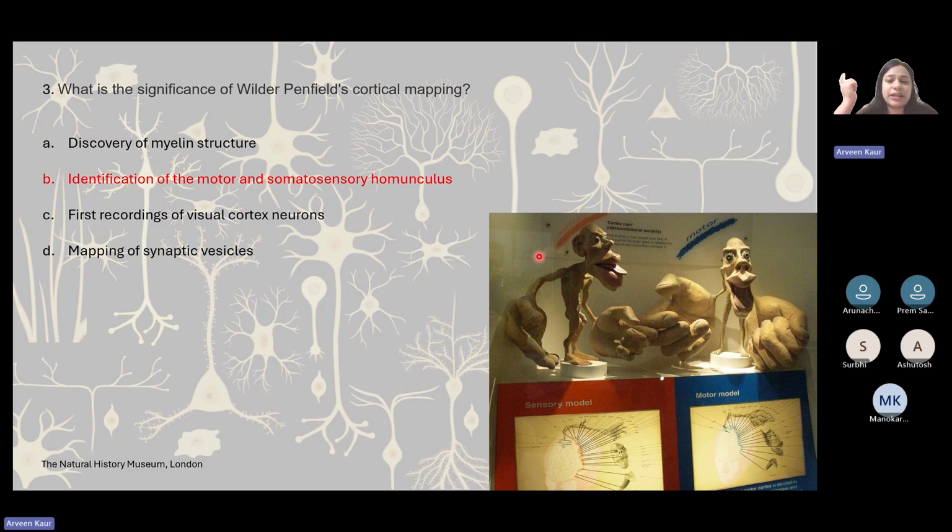We are not responding with the ear. So in the motor model, you can see that the ear does not have much representation. Not many motor neurons are dedicated to that region, but a lot of sensory neurons are. This is what it means.